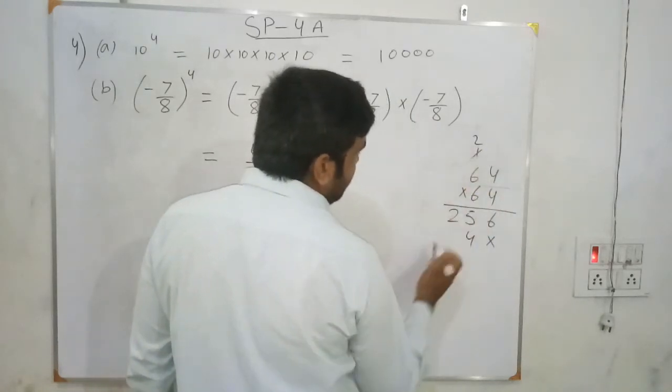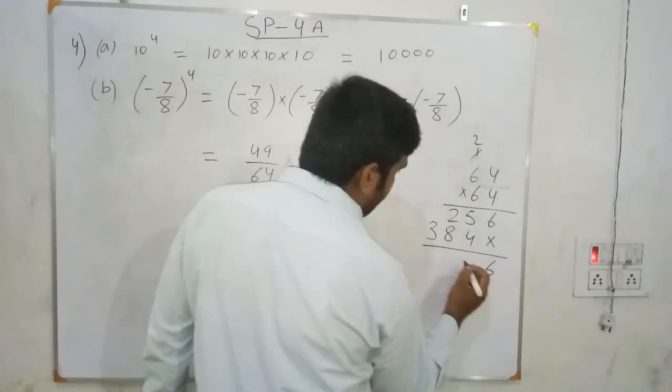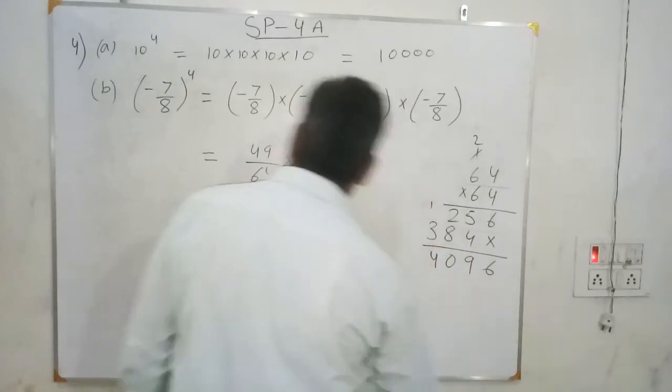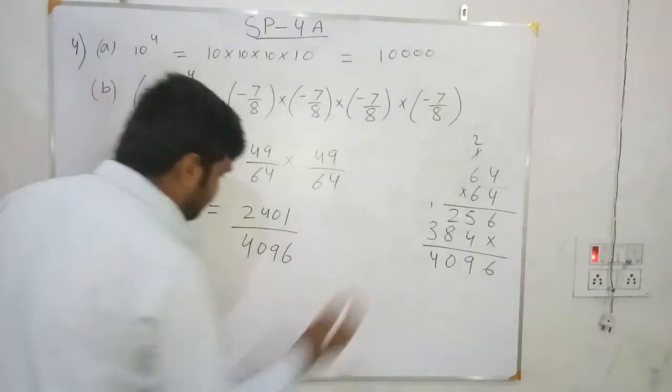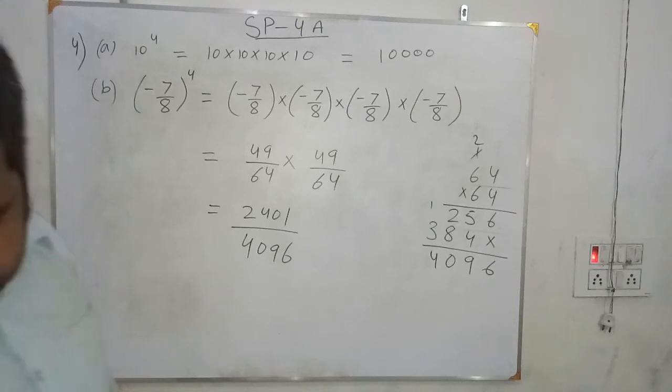Again 6 6s are 36, 38. So 6, 5, 4, 9. 8 and 2 is 10, 0 carry 1. 3, 1, 4. So 4096. Here what we got? 4096. So 4B is 2401 by 4096. Okay.